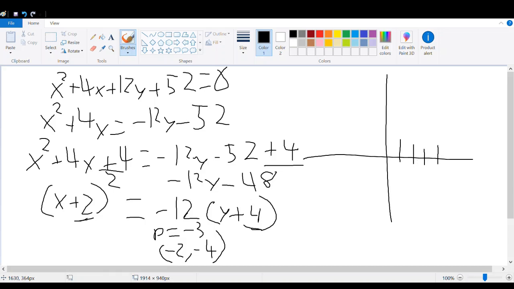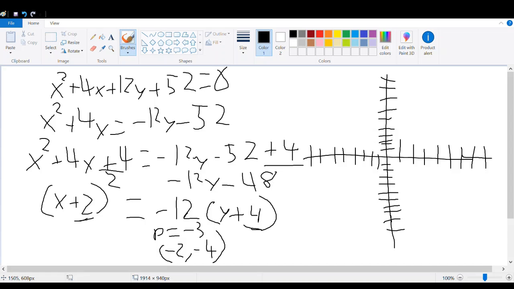2, 3, 4, 5, 6, 1, 2, 3, 4, 5, 6, 7, 8, 9, 10. 1, 2, 3, 4, 5, 6, 7, 8, 9, 10.